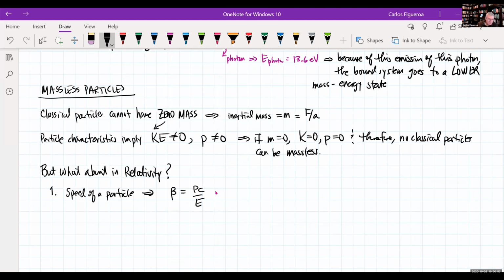Now, if you use the definition of momentum and energy in relativity, one way we can do this is we could write this as gamma mu times c divided by gamma mc squared. And what you're going to find here is that this gives you a value. If you look at the mass, look what happens to the mass. It cancels out. The fact that the mass cancels out tells you that this is mass independent.